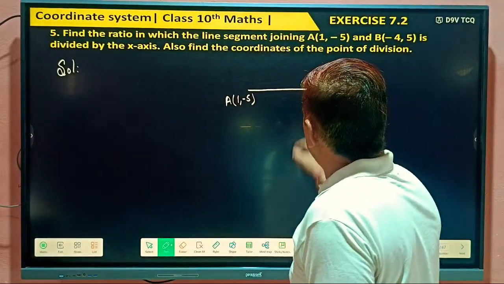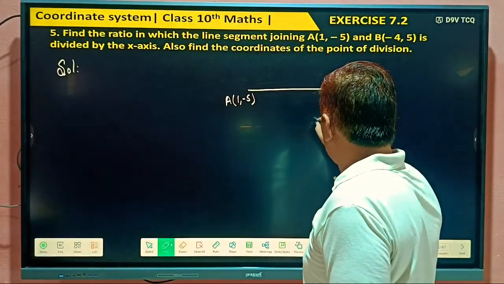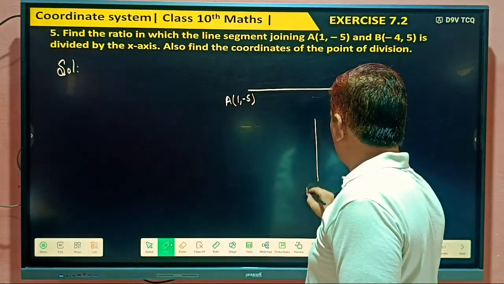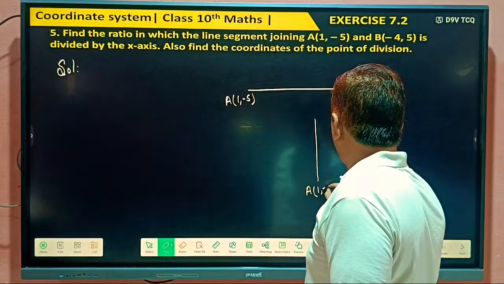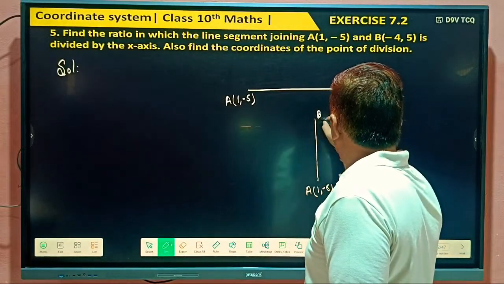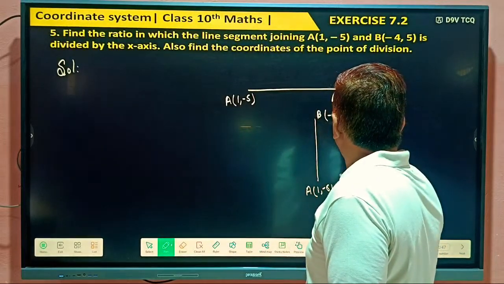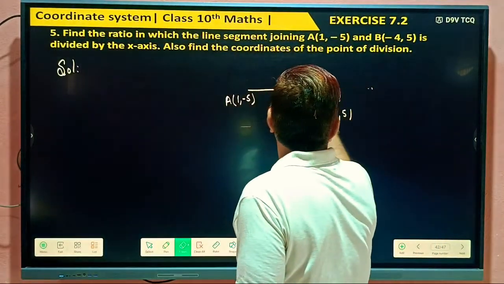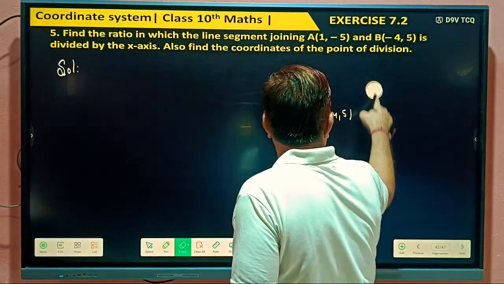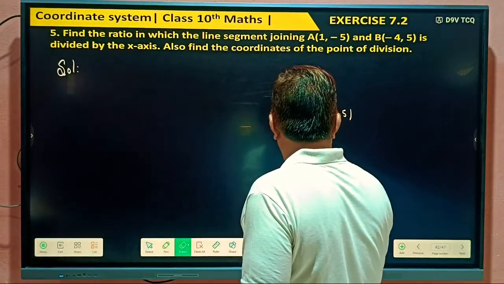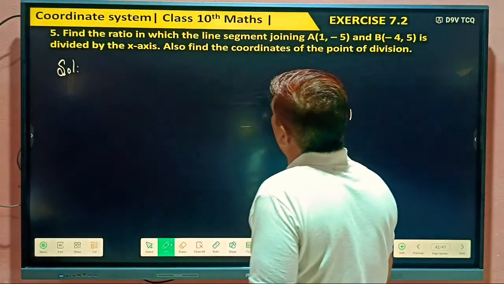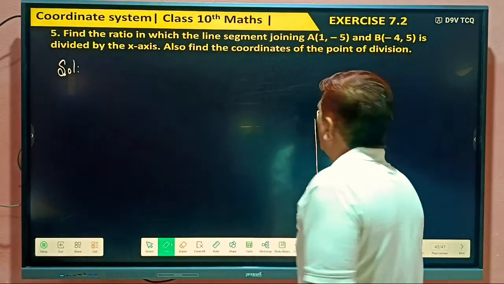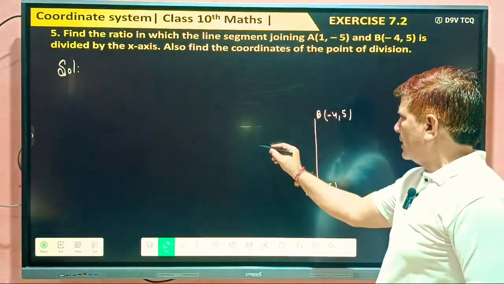Divided by the x-axis. Here is a point, or we can say like this. We are taking these according to this. A is here 1 and -5. B is what? -4 and 5. And the x-axis is passing like this.